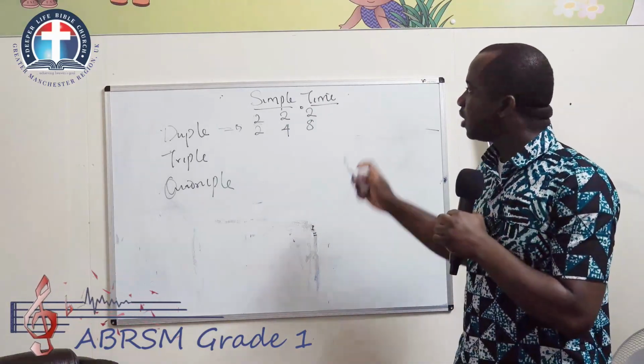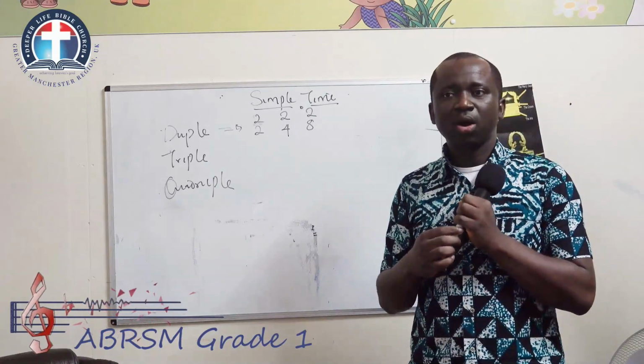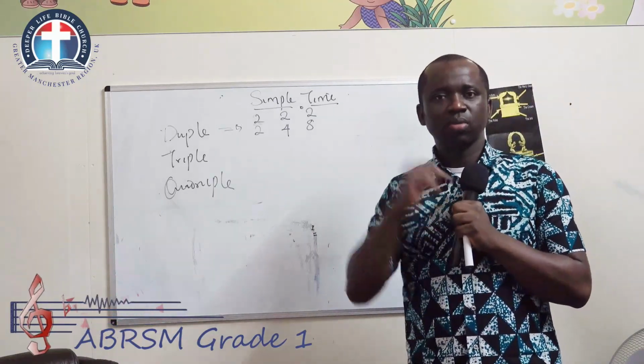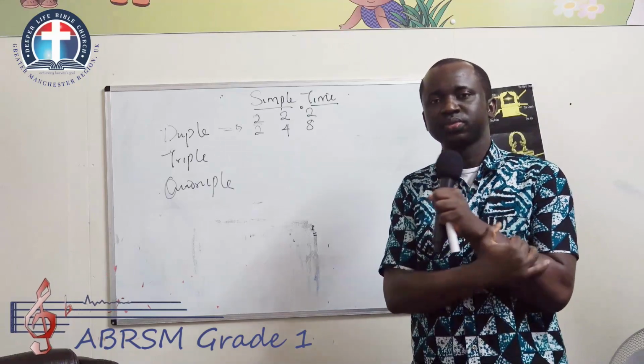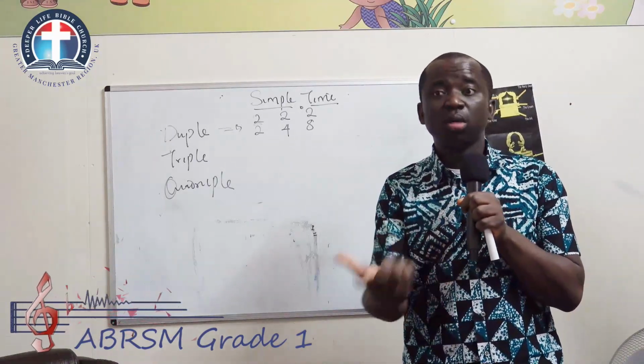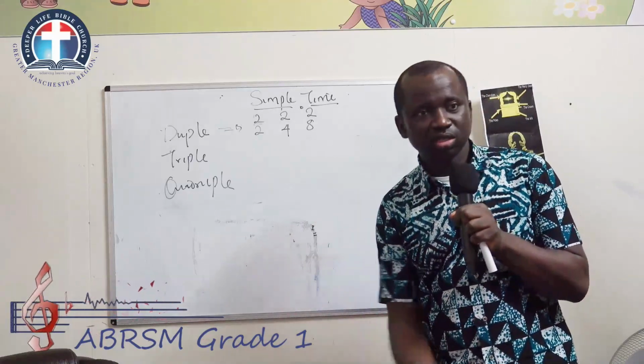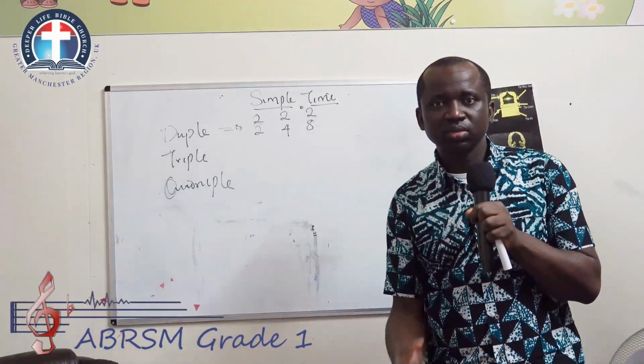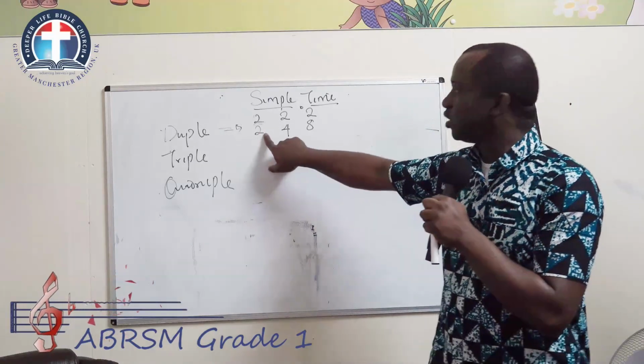Now, in time signature, you have a number up and a number down. What does the number up tell you? The quantity, how many. What does the down tell you? The type of the beat. Now, what type of beat is this?